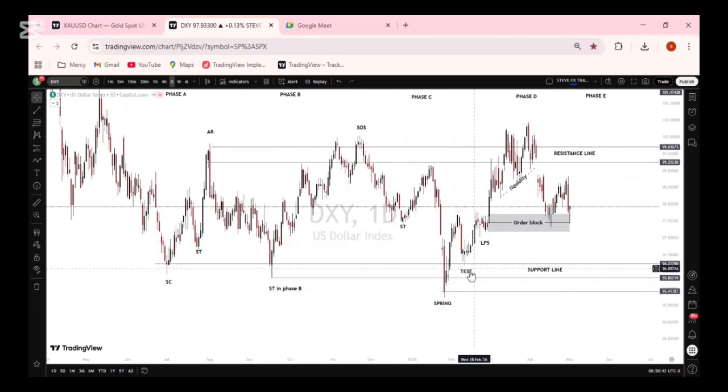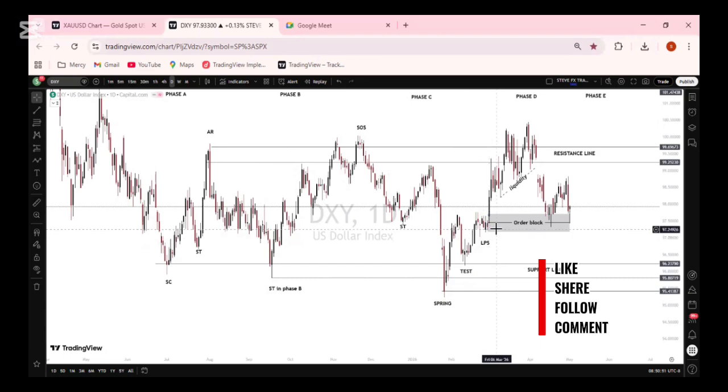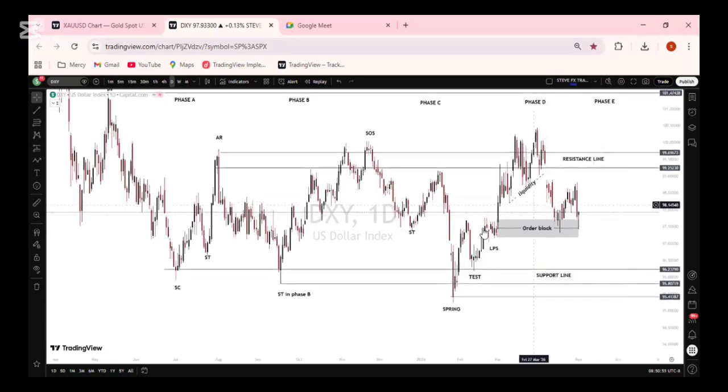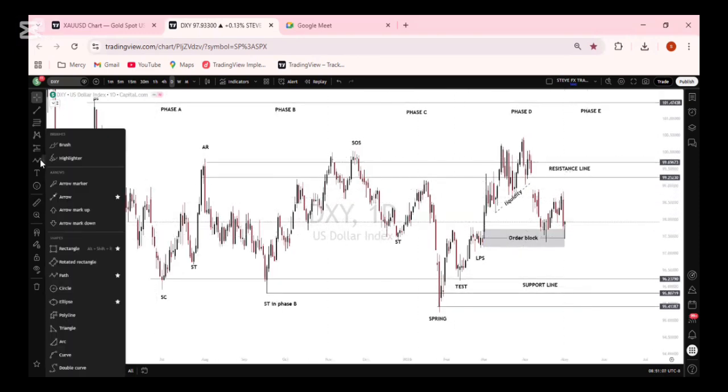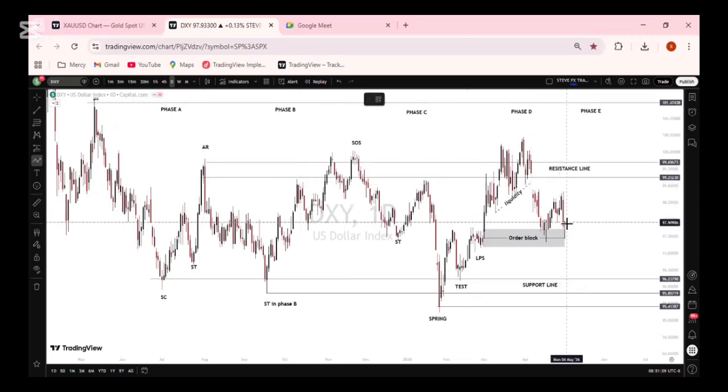And then we had a retest on the support zone, and our last point of support, which is where the order block was formed, that the market is reacting from. But then we've had a bullish, impulsive move, and the market has reversed backwards, taking liquidity from this area. Now the market is back within the resistance zone.